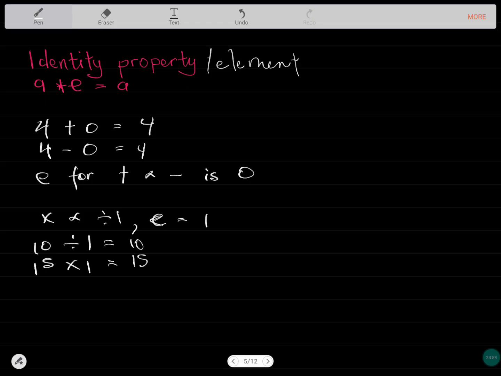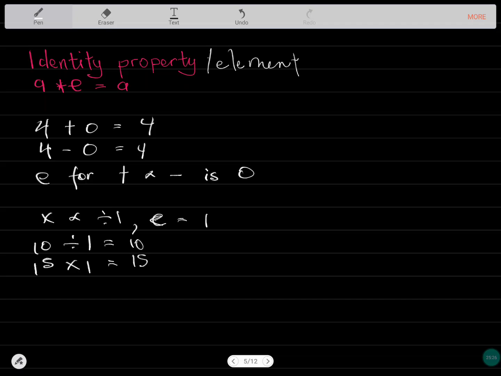Okay, so for identity element, we are asking which number this operation needs in order not to have an effect on the value it is working on, or which value can work with this operation so that it doesn't change the values of the other numbers it is being combined with. And it's as simple as that.